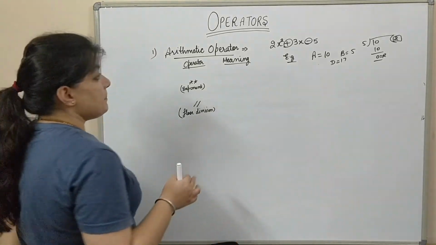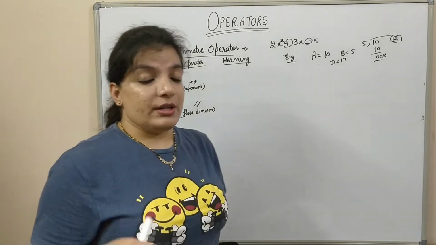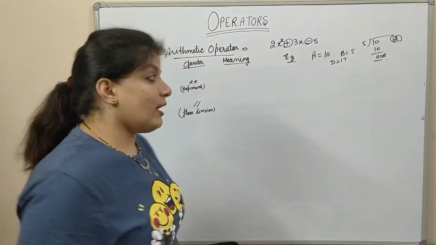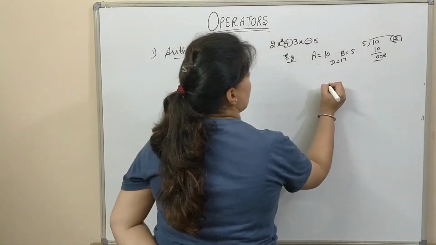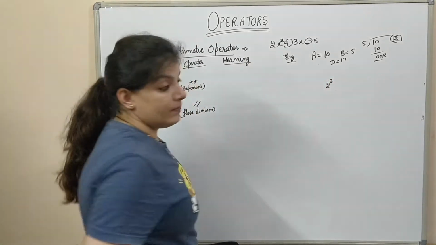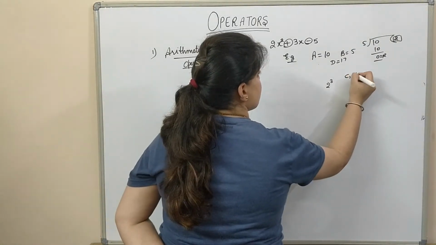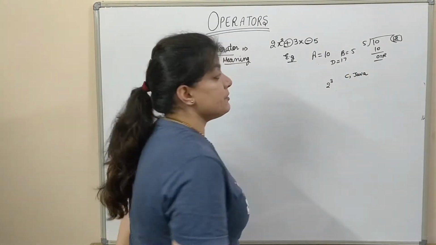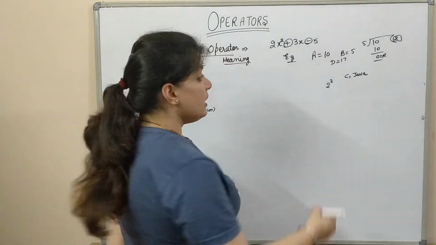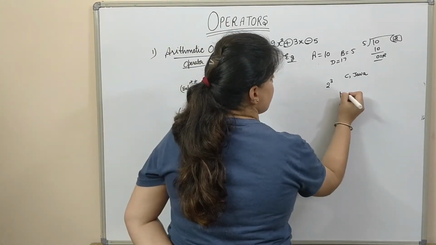Basically in C programming or Java programming, if you have to find the power of 2 to the power 3, we use a mathematical function called power.